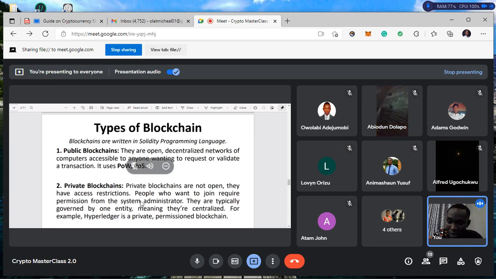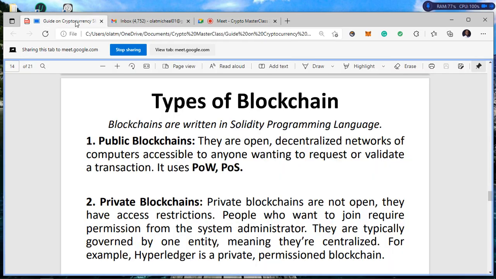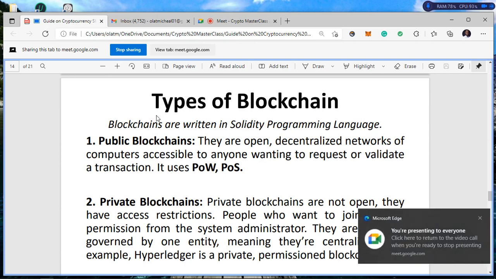For example, the government can own a blockchain, and that's a private blockchain, because the government will have control over it, from the back end, the front end, and everything. But with an open blockchain, nobody has control over it. So they are centralized. For example, you have Hyperledger and the likes, and these are permissioned blockchains. They are not permissionless like the public ones. You need to request permission before you are granted access.